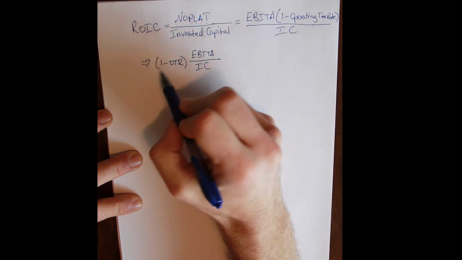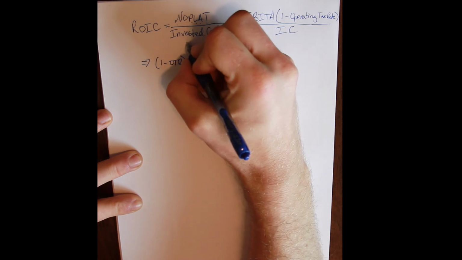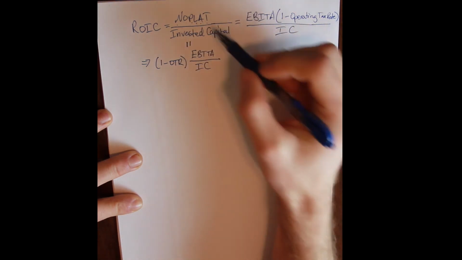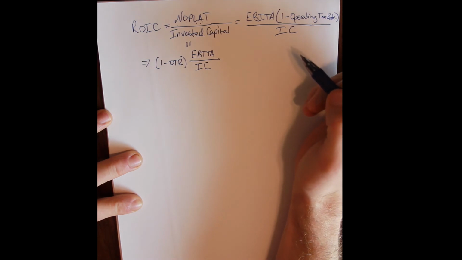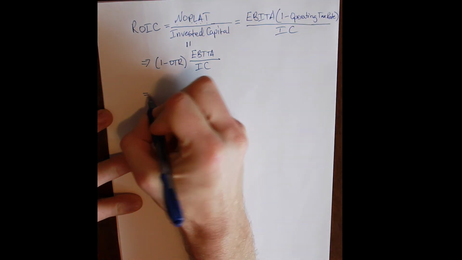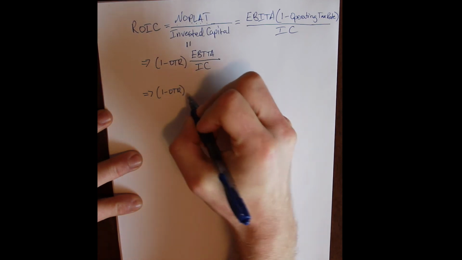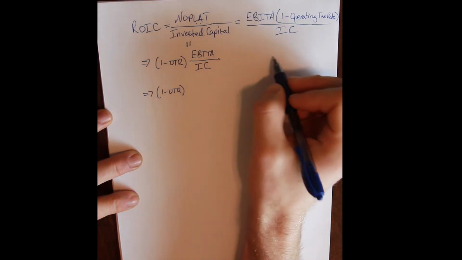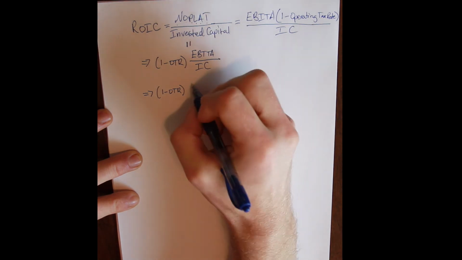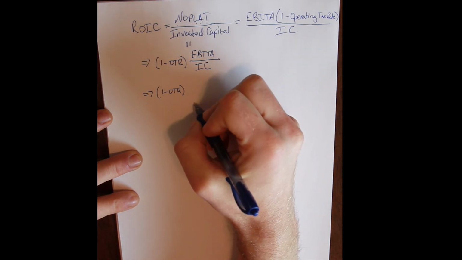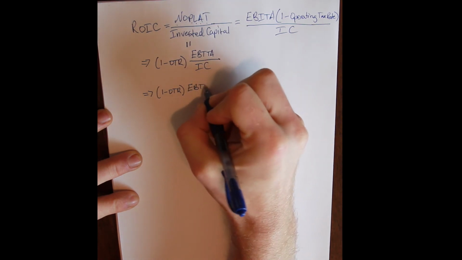Okay? And so notice that this formula is mathematically equivalent to the one above it. All I've done is rewrite NOPLAT and shift some things around. Now what I can do here, and here's the math trick, I can expand any fraction by creating 2 or more different fractions, as long as the denominator of the first fraction and the numerator of the second fraction cancel out.